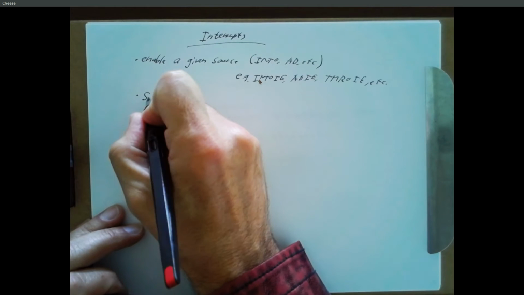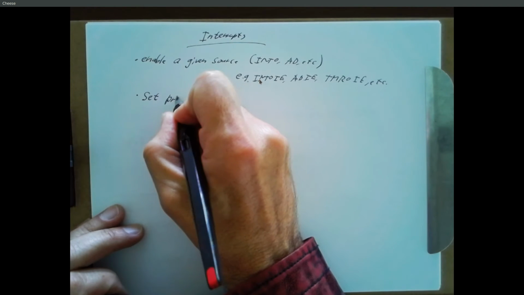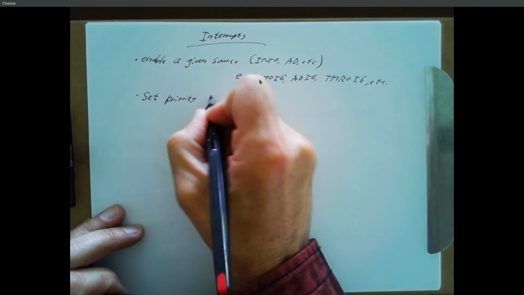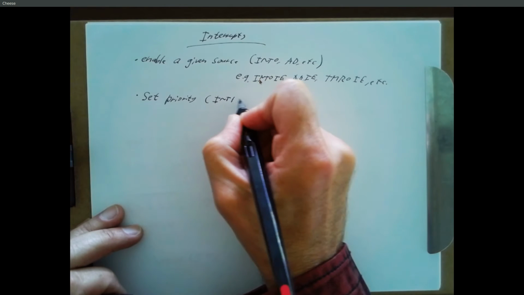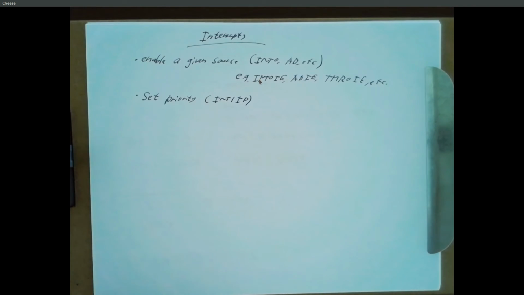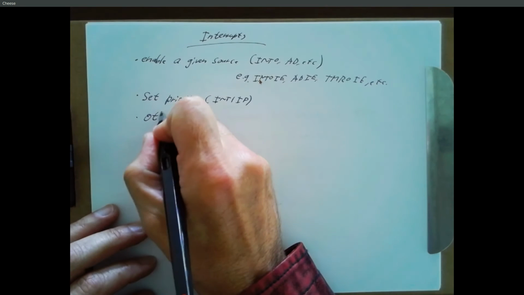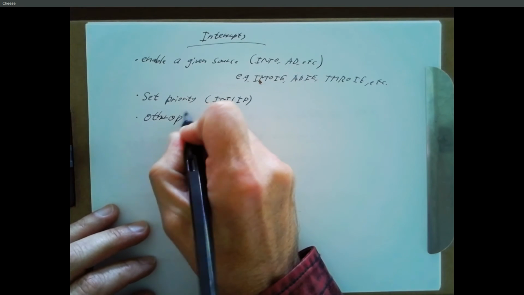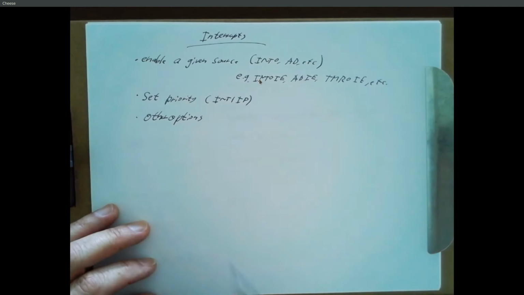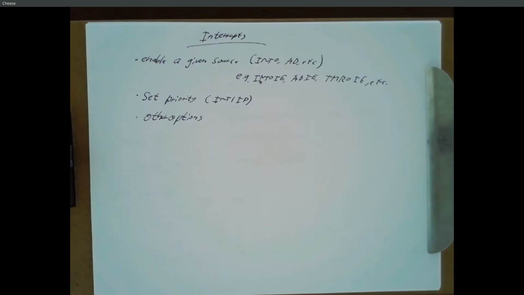Set priority, for example INT1IP. Not all interrupts have a priority option. INT0 is always high priority. But you can set the priority here. There may be other options.